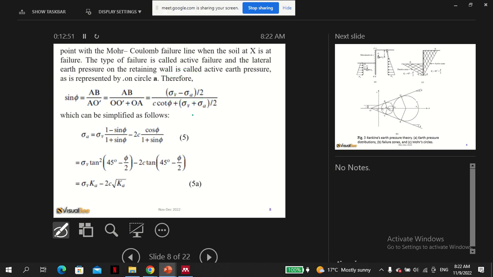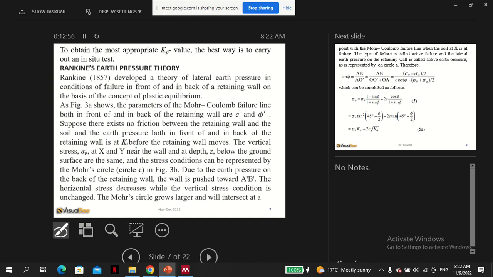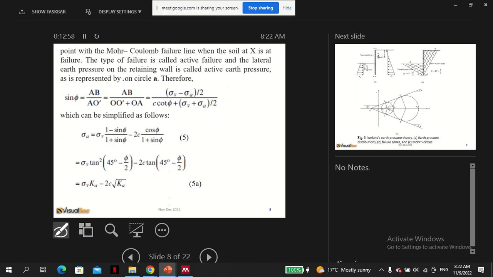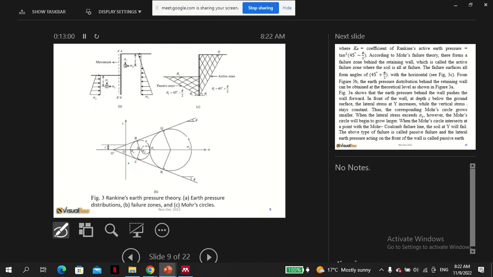Of course, OA is sigma 1 plus sigma 3 over 2, isn't it, from this.